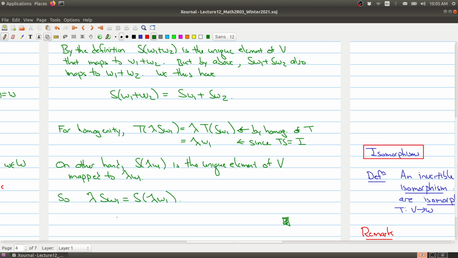This gives us the homogeneity property that we needed. So that finishes up the proof, because we have now shown that S is a linear map from V to W. This is probably the most complicated proof in today's lecture. In the next part, we'll do some examples and start talking about isomorphism.